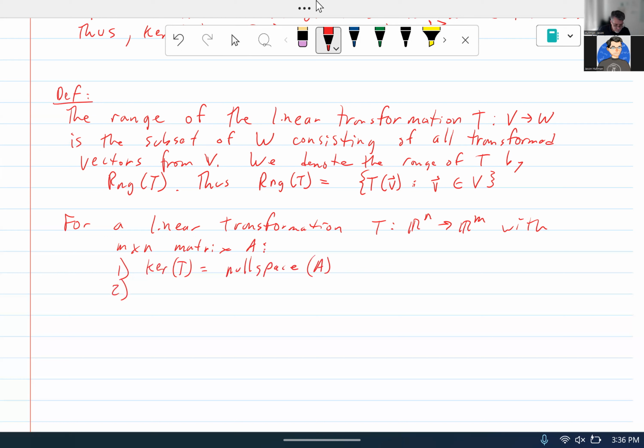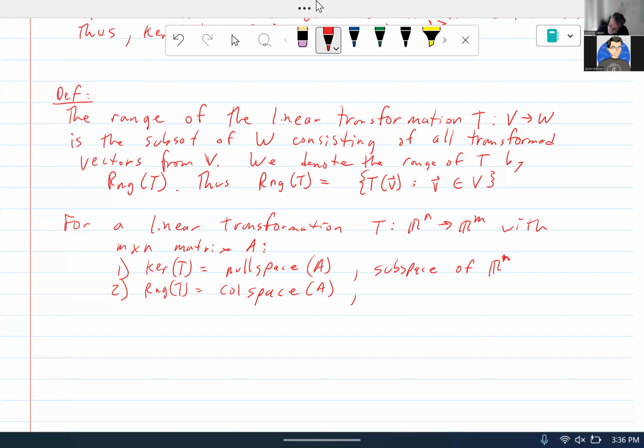The range of T is equal to the column space of A. The null space of A is a subspace of R^n, where we're going from.